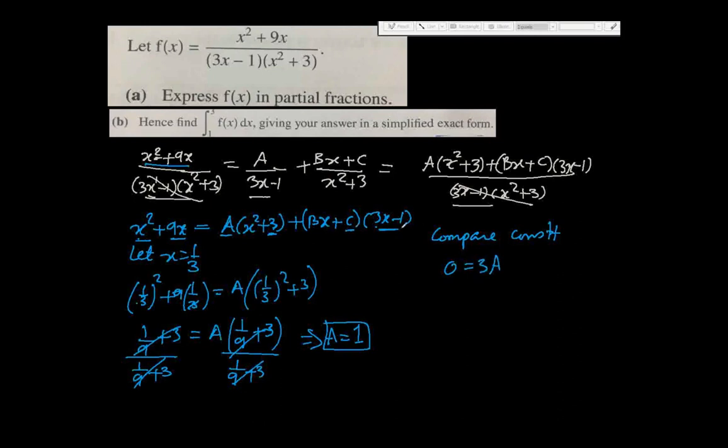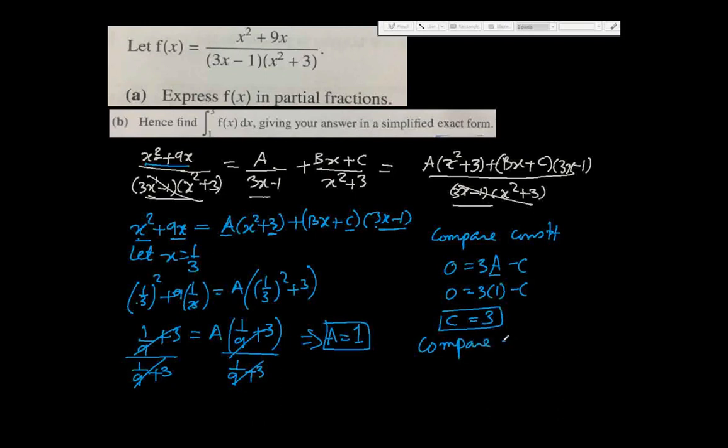Here, C times minus 1 will be a constant, so minus C. A is known to us, which is 1. So 0 equals 3 times 1 minus C. Let's bring C to the left side. C equals 3.